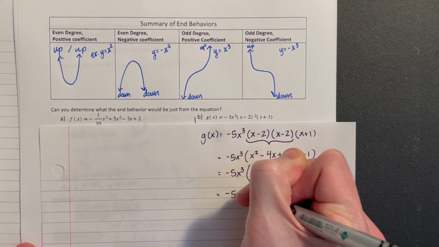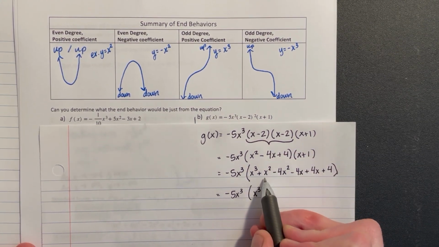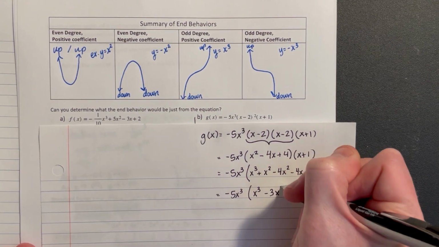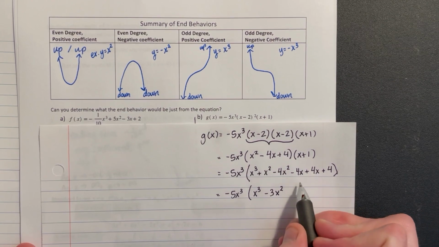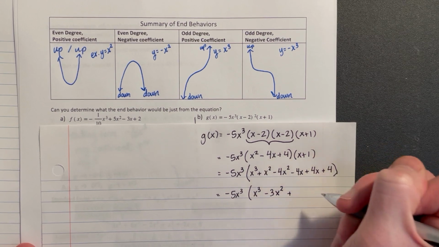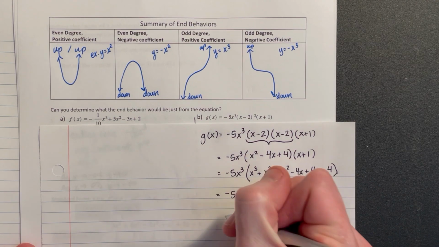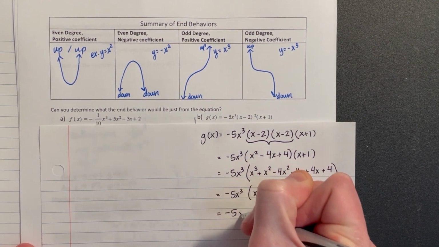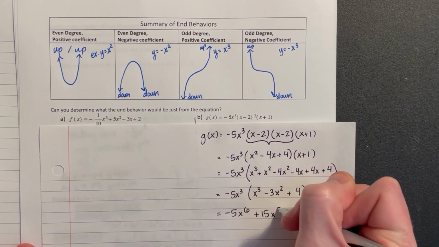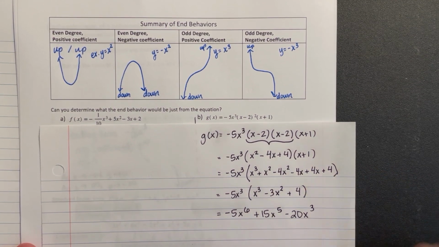We've got negative 5x cubed still hanging out here, multiplied by x cubed minus 3x squared. But the negative 4x and positive 4x just add to 0. So I'm going to leave that out because there's no point in writing 0x. But then we have this positive 4, and I can distribute again. We've got negative 5x to the 6th power plus 15x to the 5th power minus 20x to the 3rd power.